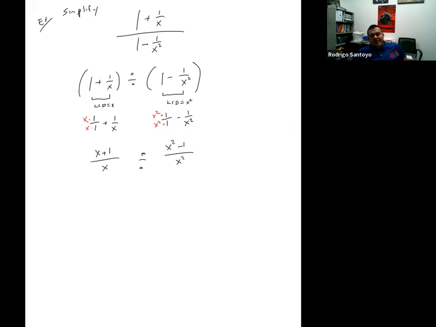So we do the same thing that we did with the previous one, divide fractions. So we keep the first one, change division to multiplication for the second one. Notice here that we can factor out that second one, right? Can't really do anything to the first one. But x squared is x times x. X squared minus 1 is x minus 1, x plus 1.